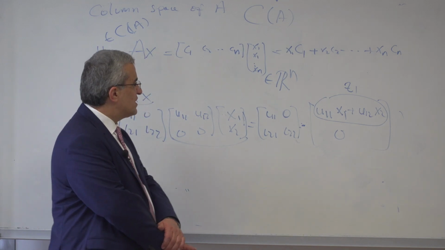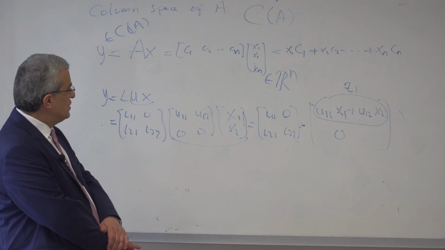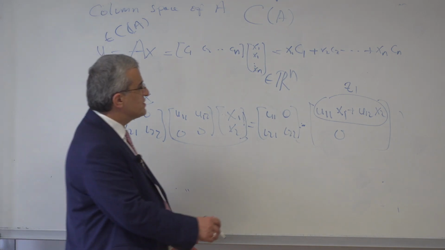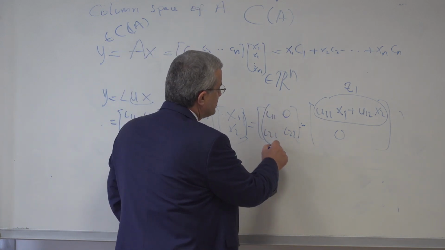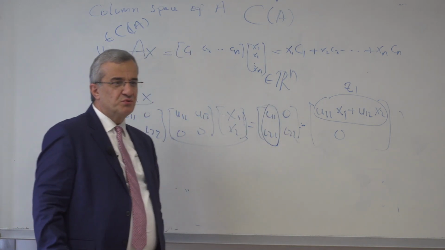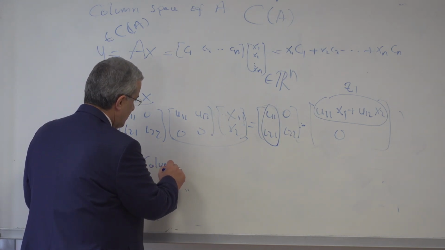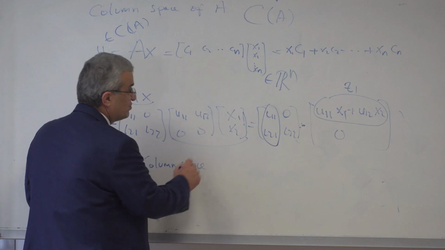Therefore, the column space of A is just linear combinations of these first two columns. A basis, of course.